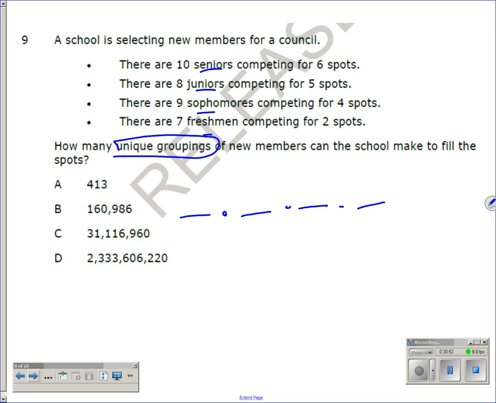Permutation is where order matters. Combination is for unique groups, where order does not matter. So if I want to know all the ways I can get 6 spots out of 10, that would be 10 choose 6. It's not just seniors, it's juniors as well. Of the 8 juniors I can pick groups of 5, of the 9 sophomores I can pick 4, and of the 7 freshmen I can pick 2.